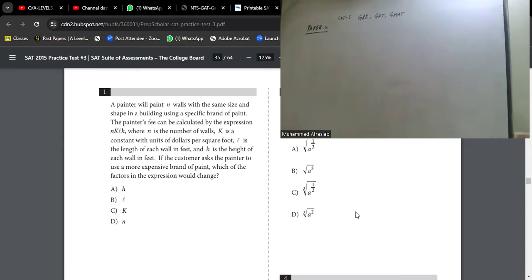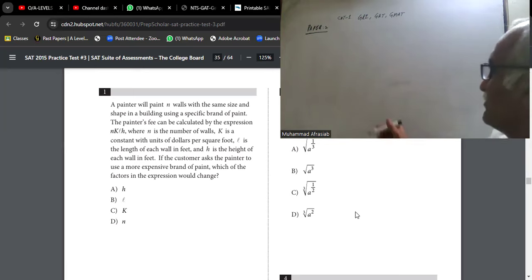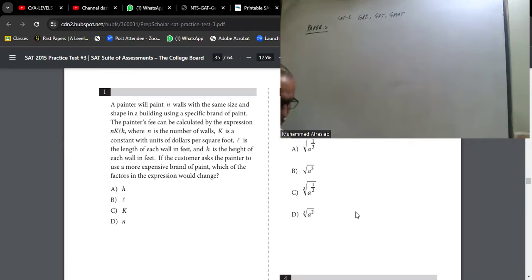So if more squares are there, it will cost more. For this expression NKLH, if it is the cost, then only K is the factor which is going to change the cost. So C is the option for question number 1.